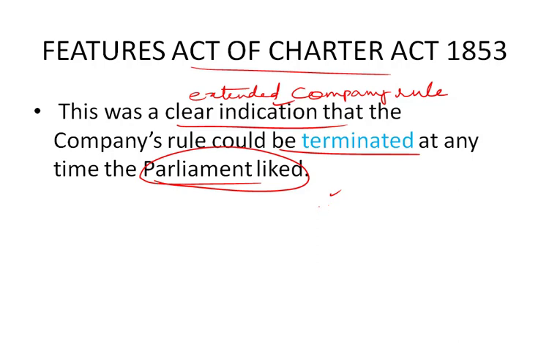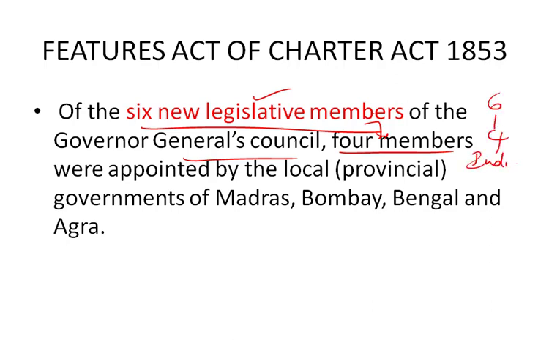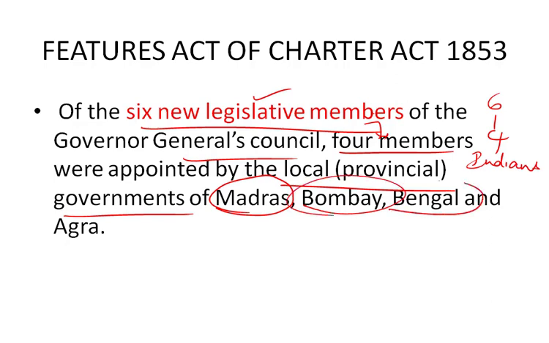And the other feature of this Charter Act of 1853 is the 6 new legislative members of the Governor General's Council. Out of these 6 members, 4 were appointed from India, that is, from the provincial governments of Madras, Bombay, Bengal and Agra.